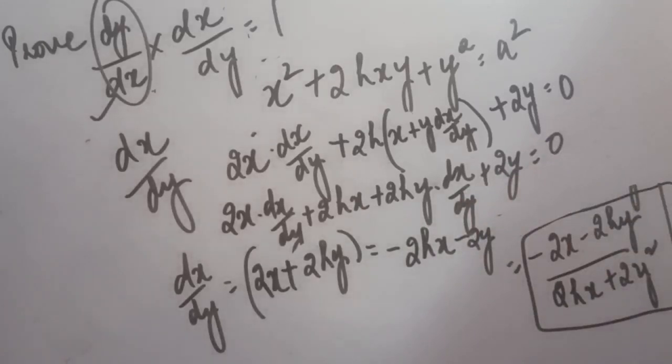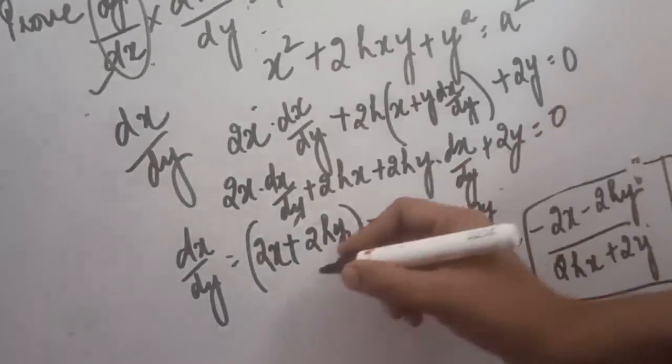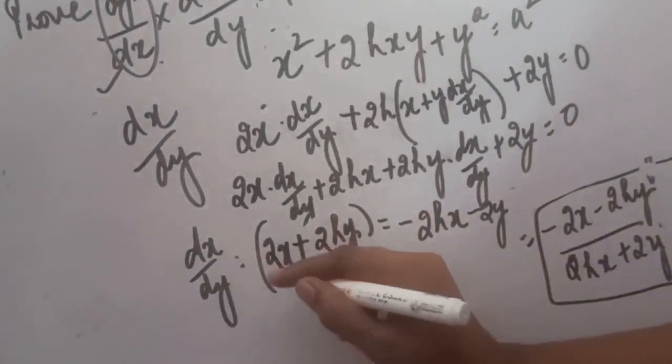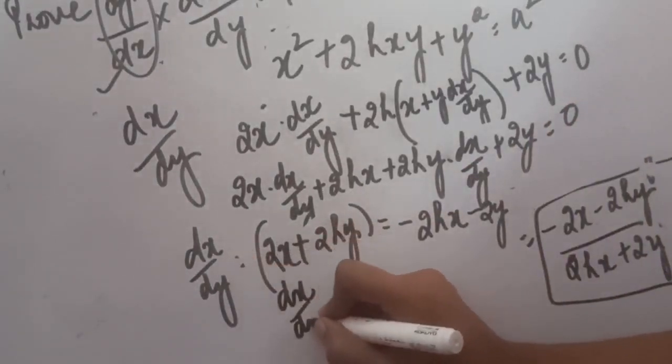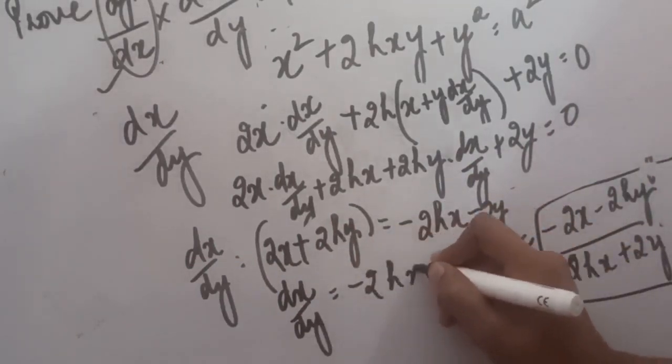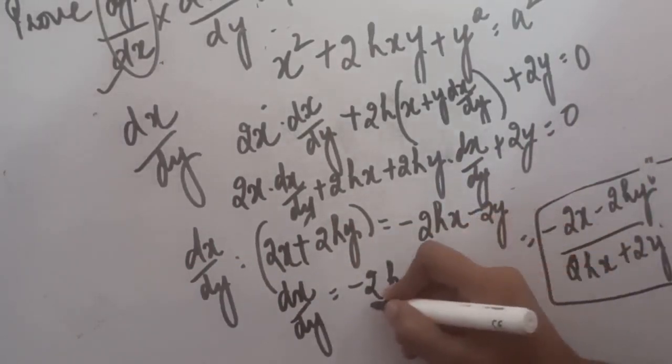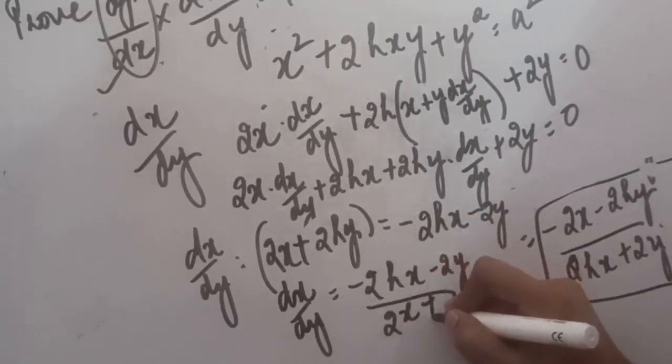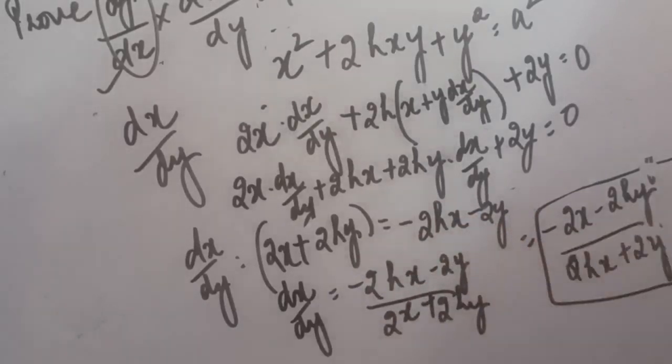So if you see the final value, dx upon dy is equal to minus 2hx minus 2y divided by 2x plus 2hy. So this is the second answer.